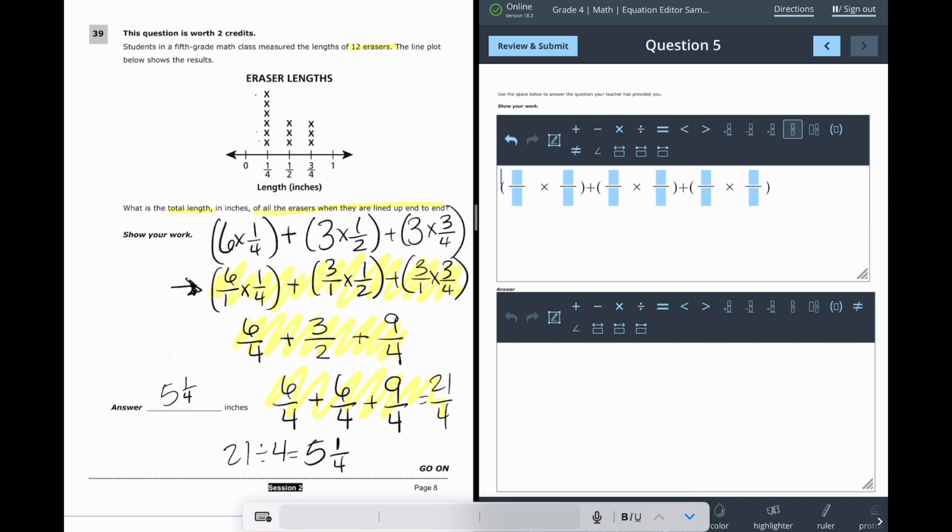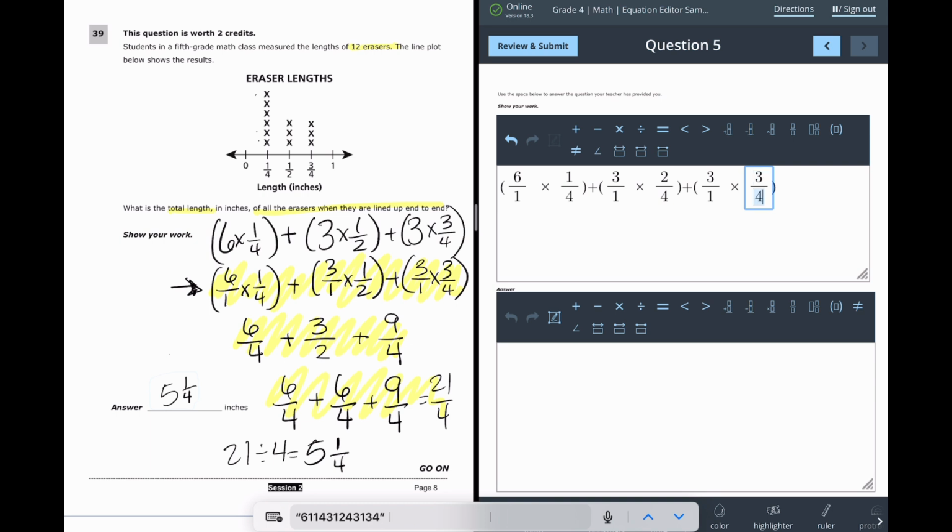Okay. So now that I have this, I can put in my numbers. 6 over 1 times 1/4 plus 3 over 1 times, and I'm going to put in the 2/4 here. So instead of putting the 1/2, and then my last one was 3 over 1 times 3/4.